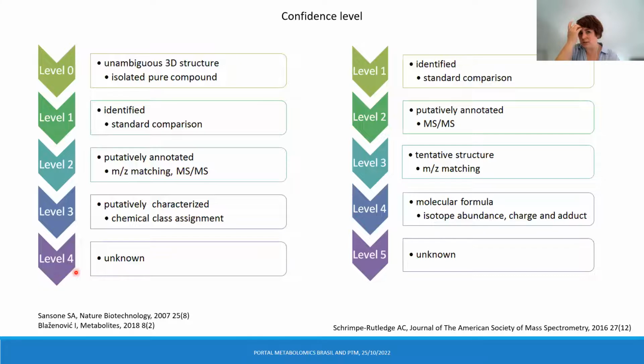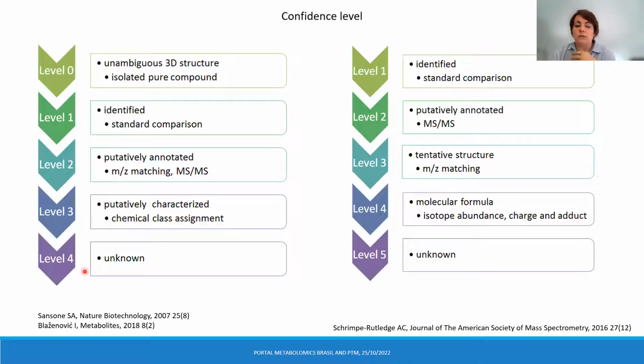I already mentioned that depending on which properties we use for the identification or annotation, we can reach a different confidence level. And this is also something that I'm mentioning quite often, but I'm doing this because I really deeply and truly believe that this is extremely important in the annotation process, extremely important while reporting our results, and extremely important to really compare the data, the results provided by different research centers.